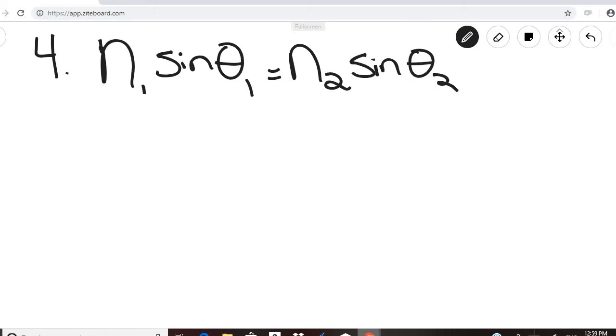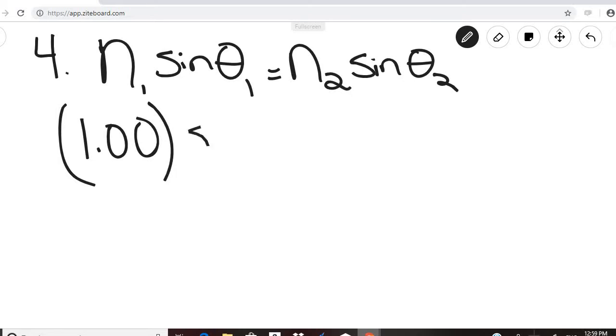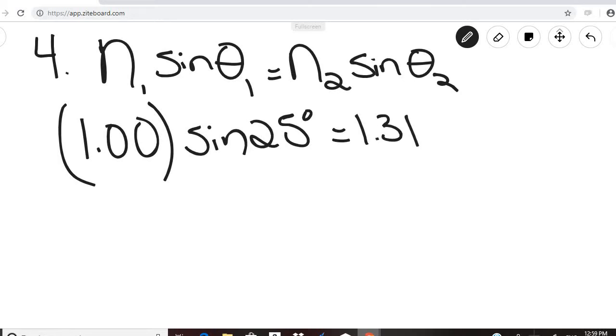What we are told is that it's traveling in air. We know that N1 for air is 1.00, and we're told that the angle is 25 degrees. So we'll take the sine of 25 degrees. That's going to equal N2, which we are given as 1.31, times the sine of theta 2.